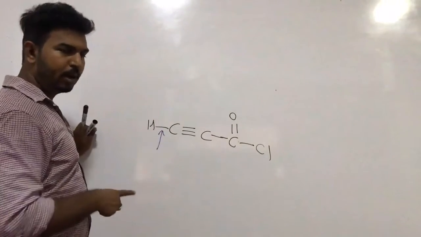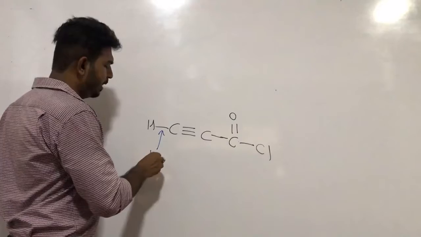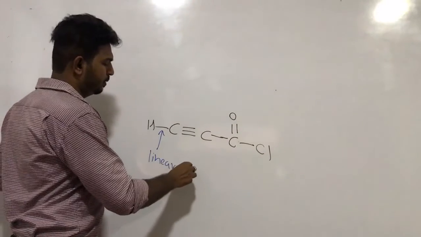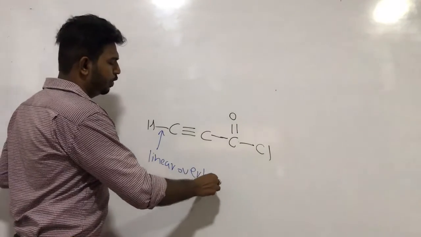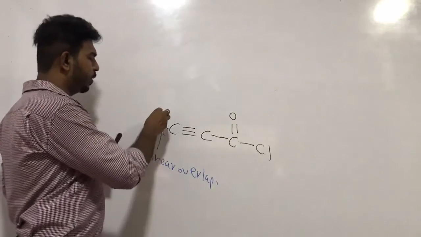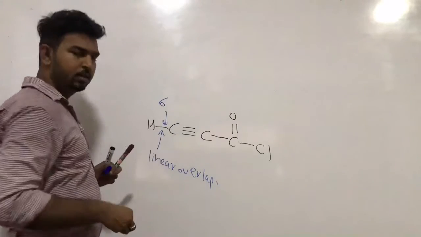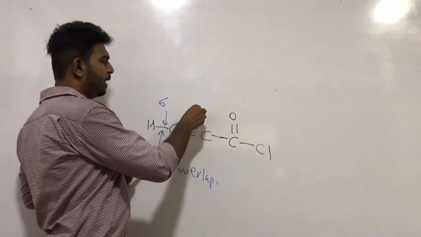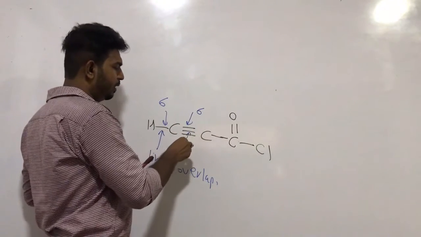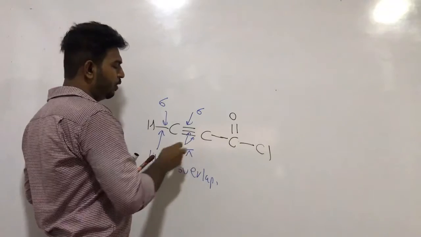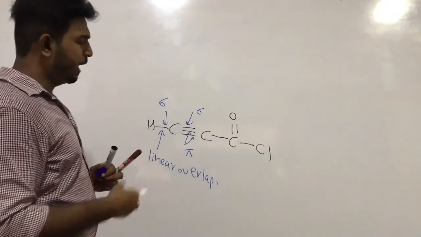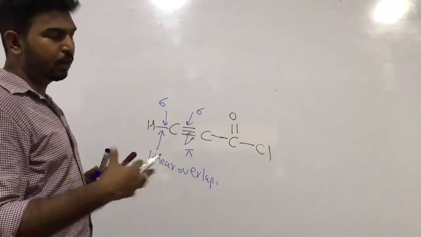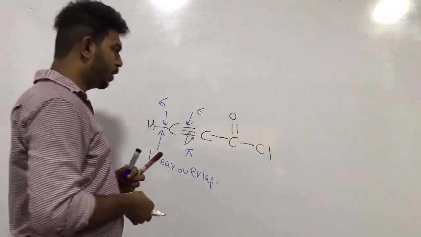If there is only one bond, that should be linear overlapping. That means the bond is a sigma bond. Then if we consider these three, one should be a sigma bond and the other two should be pi bonds. Any of these can be the sigma bond.